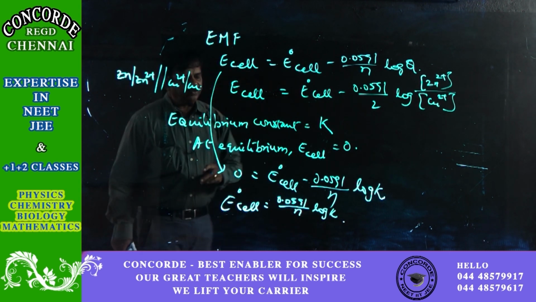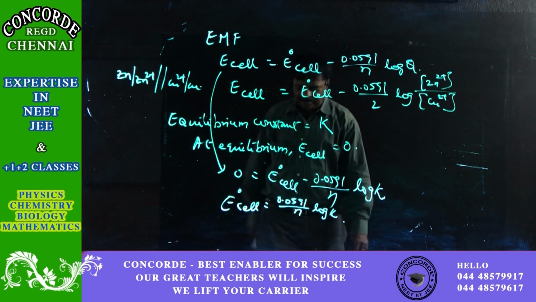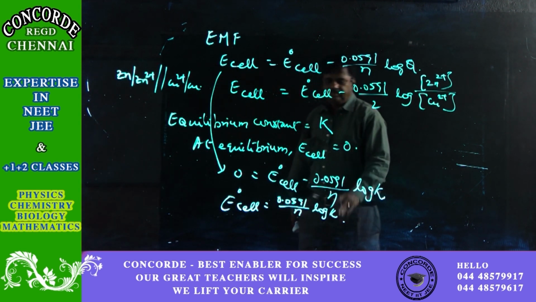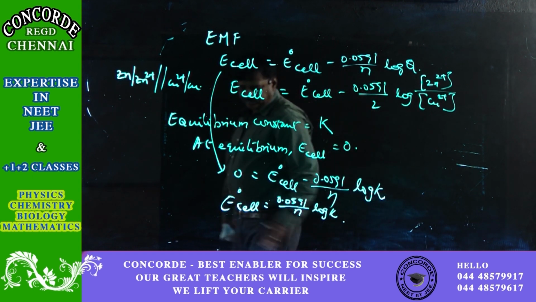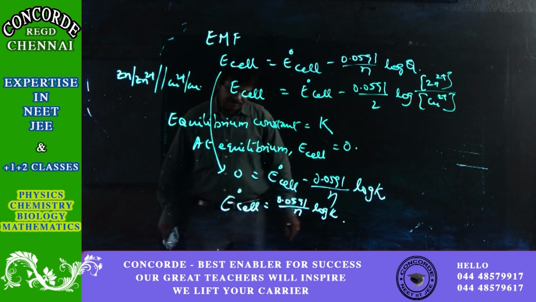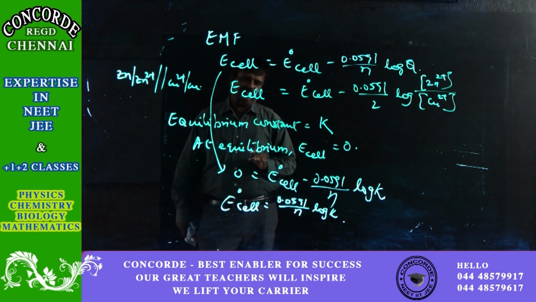So, once the standard potential of the cell is known, the equilibrium constant can be found out, or if the equilibrium constant is known, we can find out the standard potential of the cell. Okay, understood? This is one application. The other application is that it can also be used to find the standard free energy change.